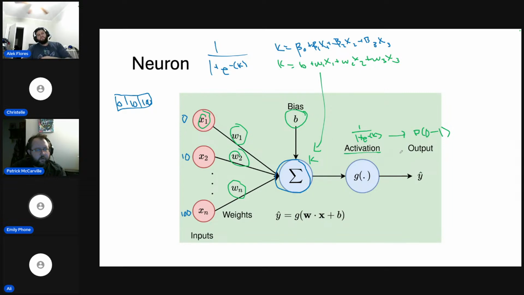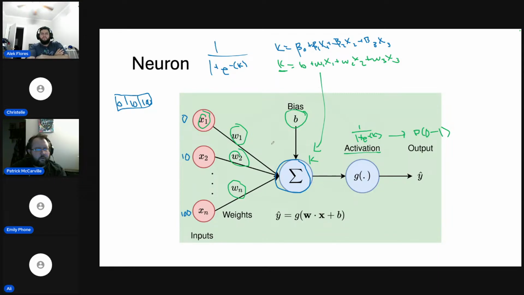The reason I say if we use sigmoid as our activation function is another key word here in neurons: there's different ways that you can transform this k. It doesn't have to be 1 over 1 plus e to the negative k. There are different activation functions that can create probabilities that range between 0 and 1. But if you apply a sigmoid activation function, this one neuron is the same representation as our logistic regression.